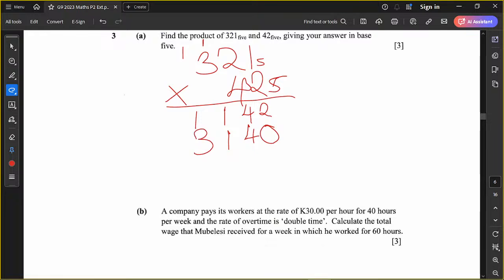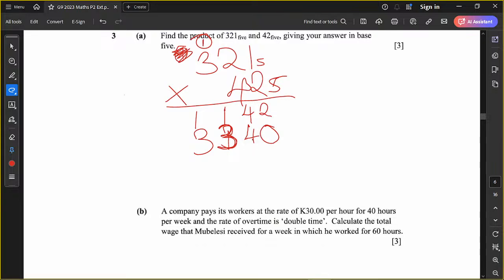So what did I write here? I said 4 times 2 will give us 8. So how many times will 5 go into 8? It will go 1 time, remainder 3. Here it should be remainder 3, not 1. So here it's 3. Sorry for that. 1 is the one I had put here. This one was for the first one. I can even delete it. Now I multiplied 4 by 3.